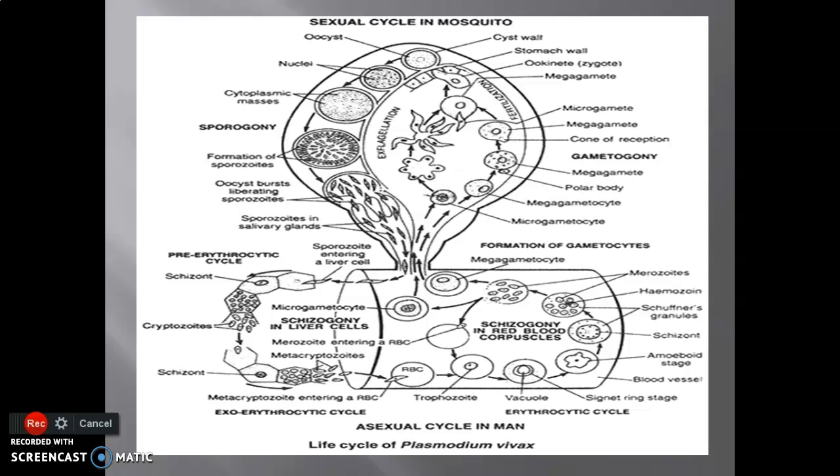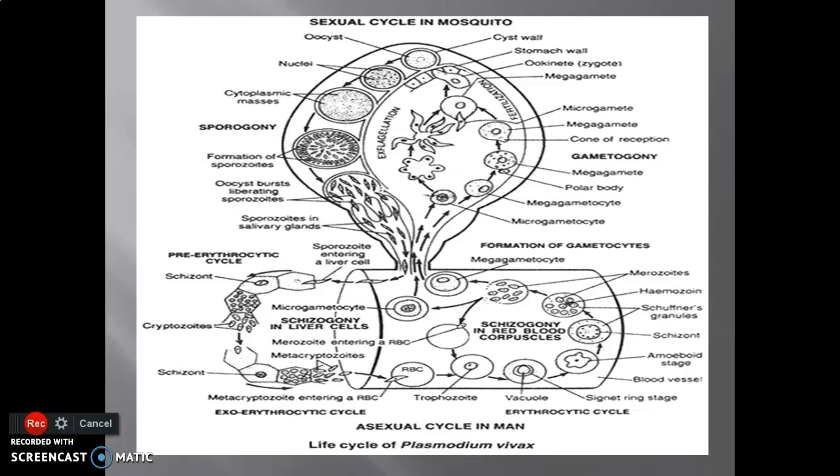One is larger one and one is a smaller one. Depending on the size, they are called megagametocyte and microgametocyte.